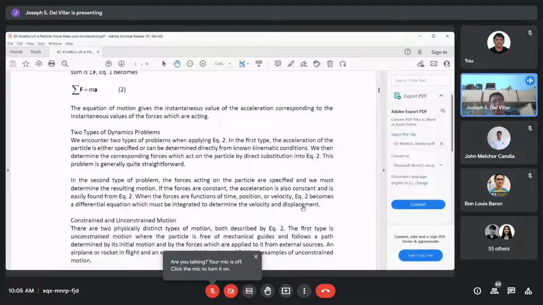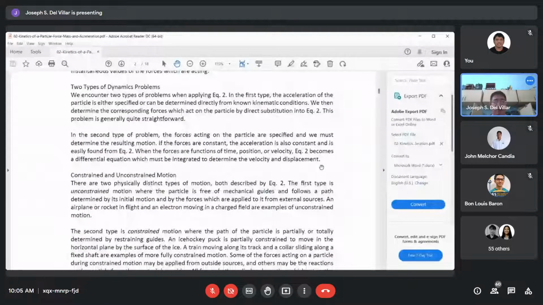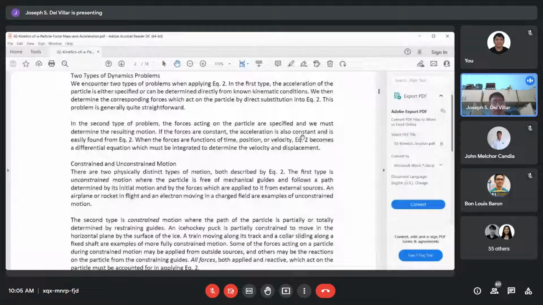Okay, so there are two physically distinct types of motion, both described by equation number 2, this summation of F is equal to ma. The first is unconstrained motion, where the particle is free of mechanical guides and follows a path determined by its initial motion and by the forces which are applied to it from external sources.